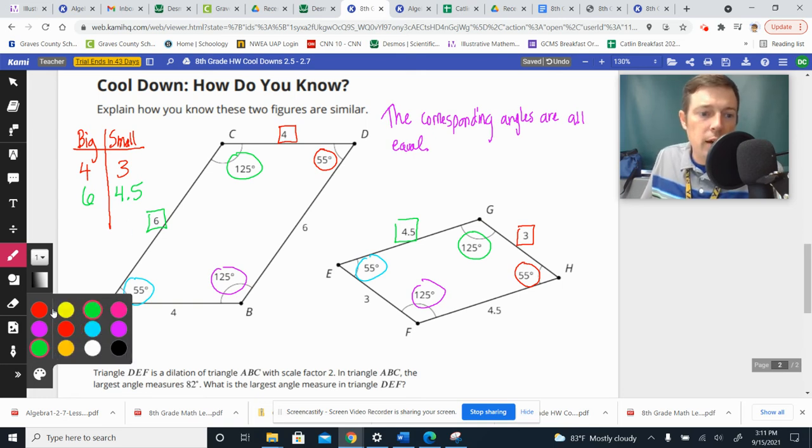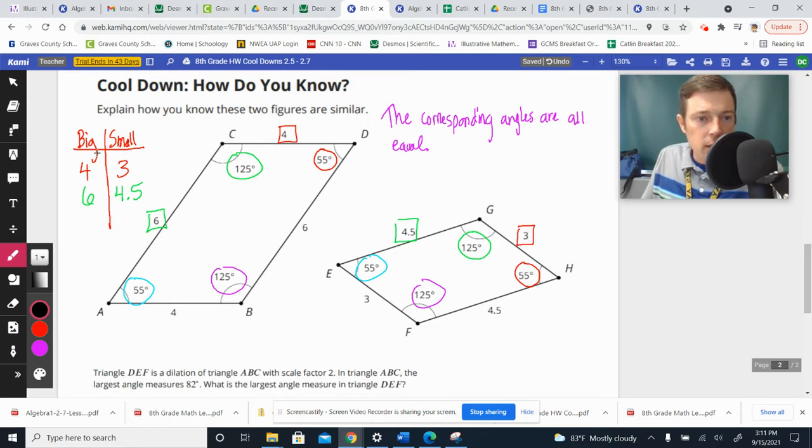And to find a scale factor, whenever you have a table like this, all you have to do is divide the number on the right by the number that's right next to it on the left. So you could set up a fraction, 3 divided by 4, or 4.5 divided by 6. They're both going to have the same ratio if they're similar.